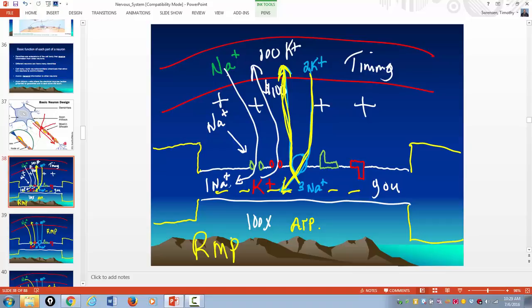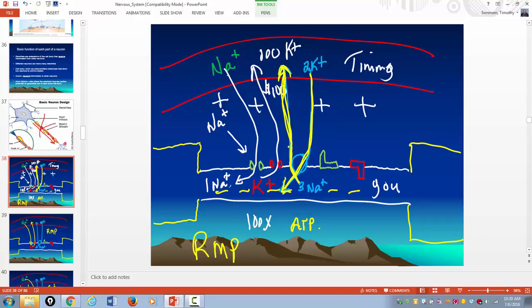So the resting membrane potential is achieved by potassium leaking out, sodium leaking in, but the fact that potassium is much more permeable than sodium. So more positive things are leaving than entering. So the charge on the outside of the membrane is going to be positive, and because there's less positively charged particles on the inside compared to the outside, the inside is going to be negative.